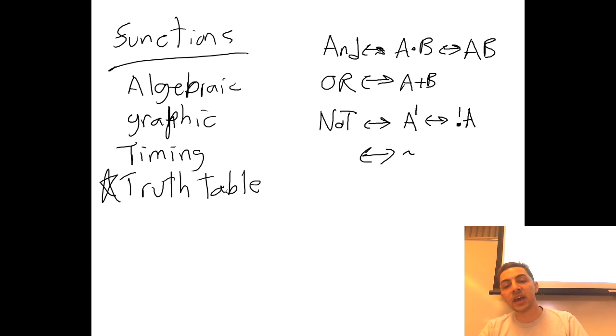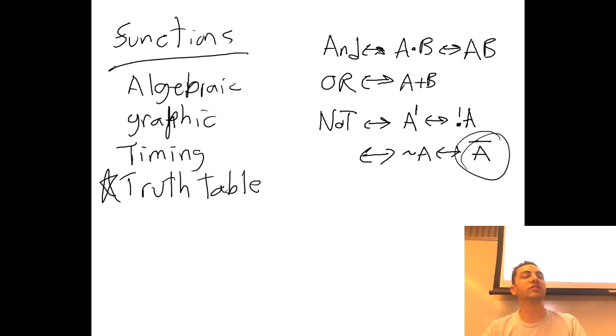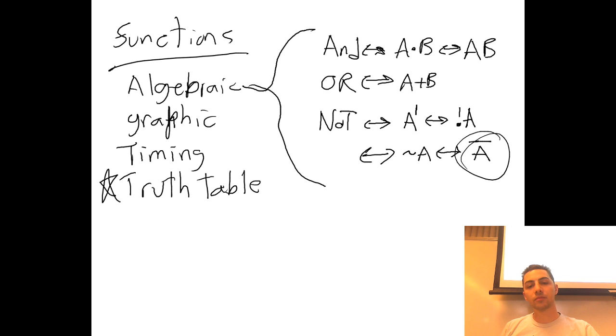Also, we could say tilde A. For the most part in this course, I'm going to use A with an overbar. Okay, this one is our preferred symbol. A with an overbar would be read as not A, or A not, depending on how you're reading it. But it's the inverse of A. So that's algebraic for AND, OR, and NOT.